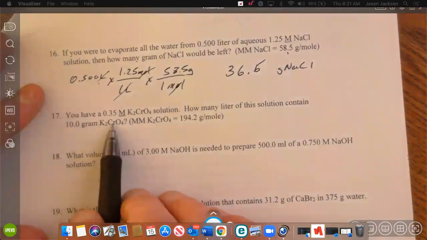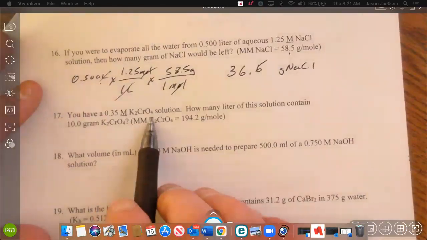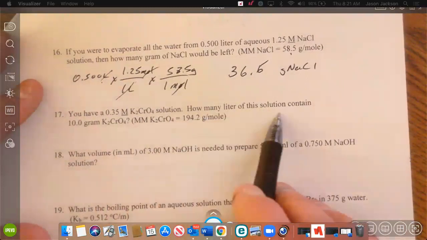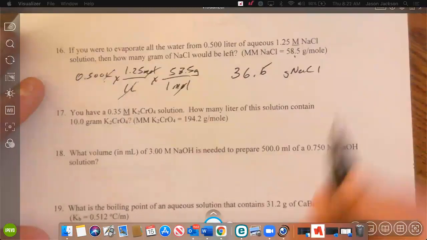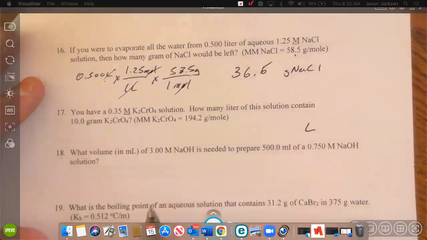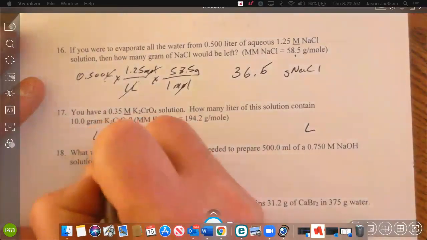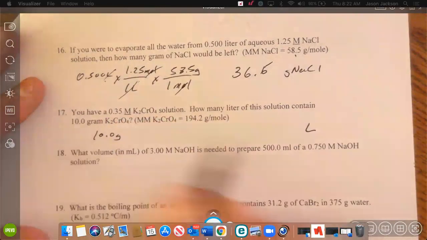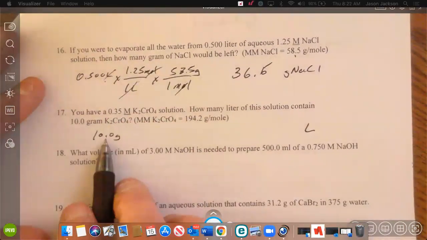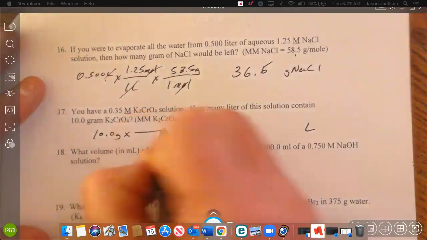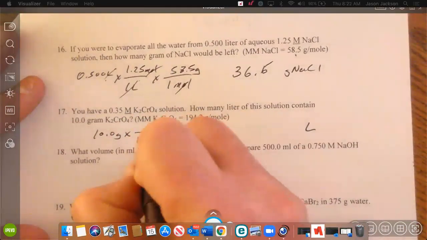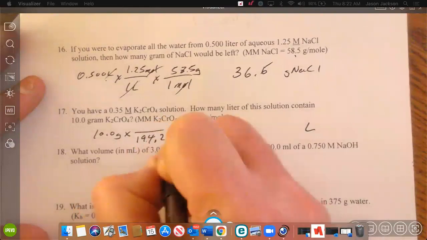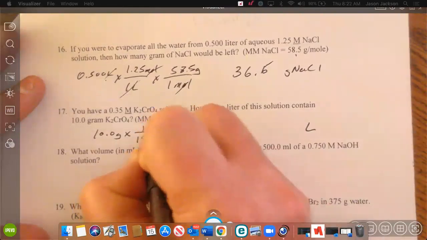You have 0.35 moles per liter potassium chromate solution. How many liters of this solution contain 10 grams of potassium chromate? So we want liters. Every 194.2 grams is 1 mole of potassium chromate.